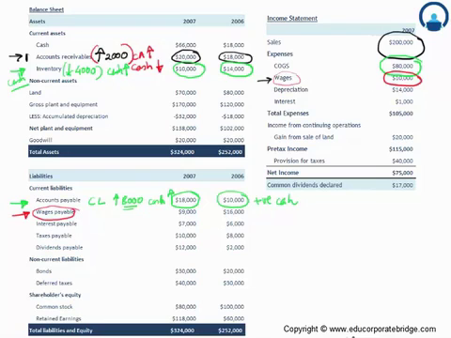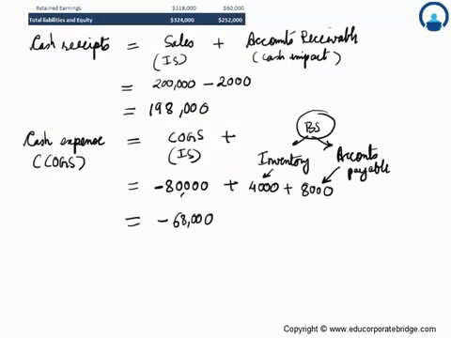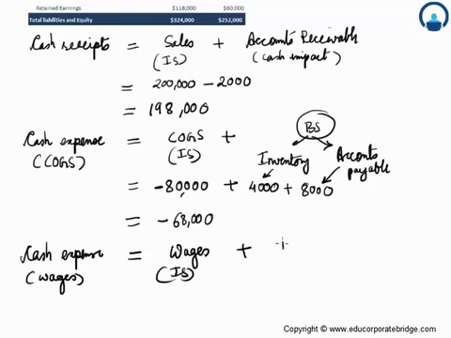So let me write this down in the form of a formula. It would be cash expense because of wages. This would again be wages expense in the income statement plus your balance sheet impact where we have the wages payable. So the impact because of wages on the income statement, let us try and understand that.